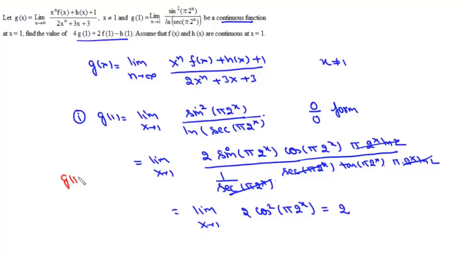So we have the value of g(1), and the value of g(1) is 2. Now we'll calculate the left hand limit and right hand limit at x equals 1.